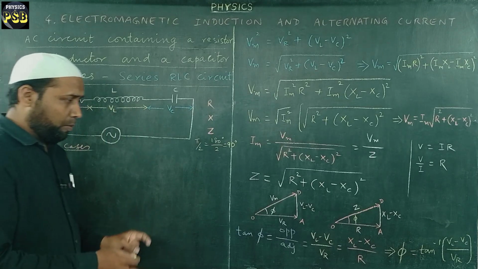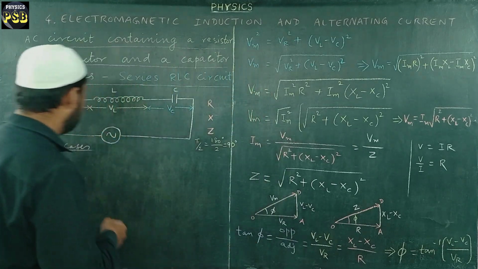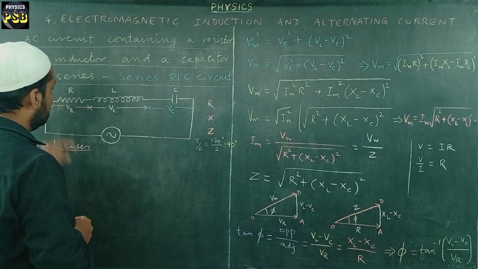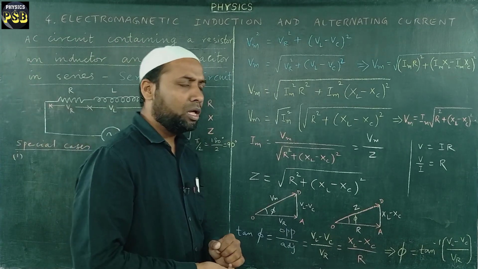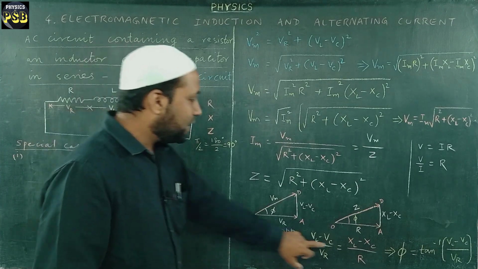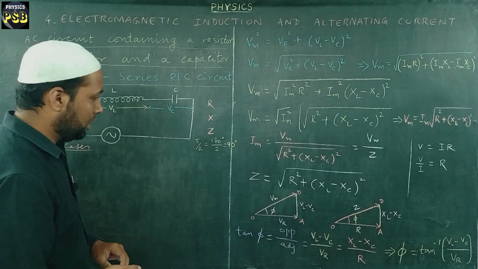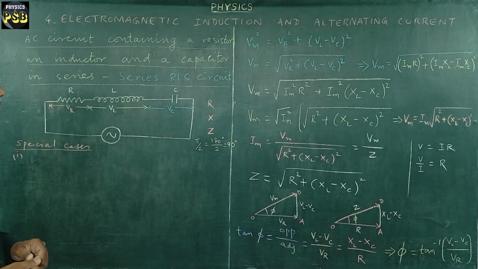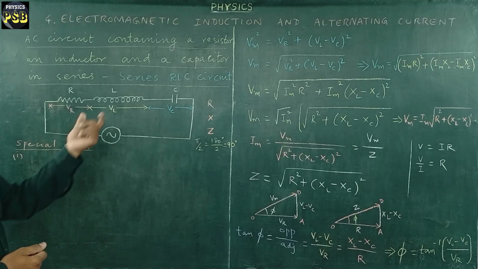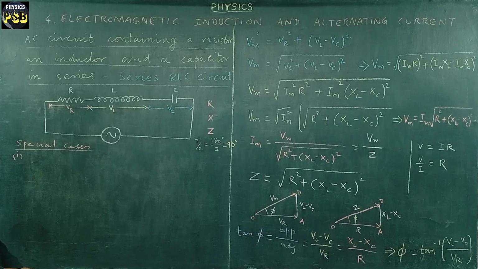Similarly, one can also decide whether the given circuit is resistive, inductive, or capacitive, depending on the reactance offered by inductor or capacitor. How is that? Now I'm going to explain this by taking the reactance offered by inductor and the capacitor to the flow of current through them.